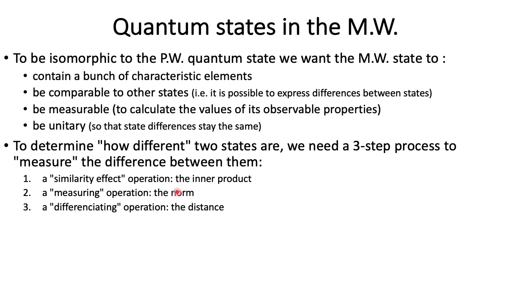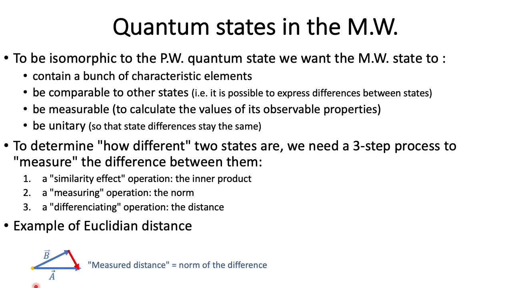It will also allow us to define a measuring operation called the norm, which is what you get when you apply an inner product to the same vector. And finally, we'll define a distance from that norm. So let's take an example here with the Euclidean distance, which is one of the easiest types of inner products. Actually, it's called a dot product in that case.